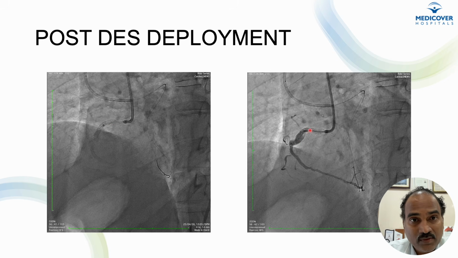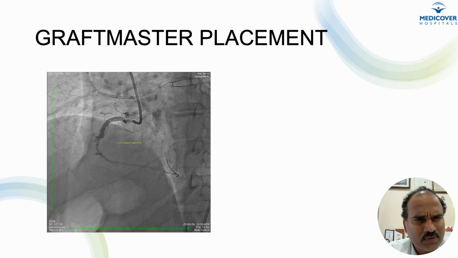And now the plan is to put a covered stent here. So we took a covered stent, that's a Graftmaster. I think it is a 3.5 by 28 Graftmaster, which we deployed from this proximal stent to the distal stent with around 3 to 4 millimeter overlap with the distal stent.